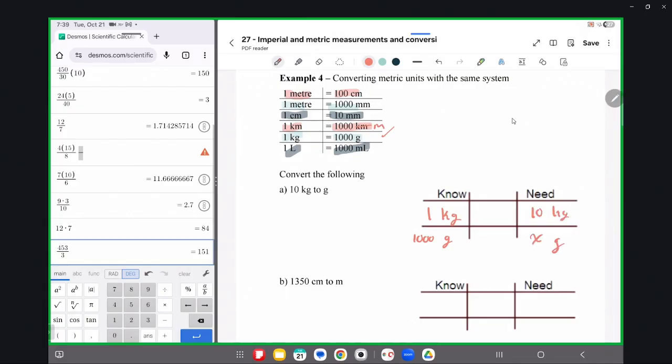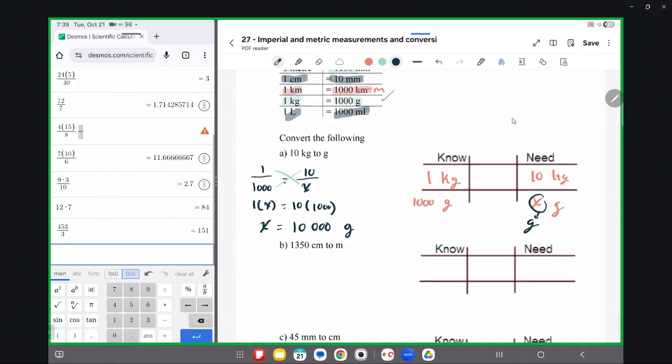So there's our ratio. We can write this as 1 over 1,000 is equal to 10 over x. We multiply this out: 1 times x is equal to 10 times 1,000, using the means and the extremes. So 1 times x is just x, and 10 times 1,000 is going to be 10,000. These are going to be grams because that's what we were looking for.